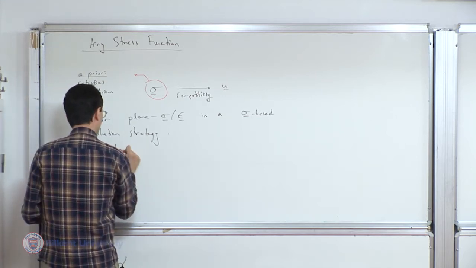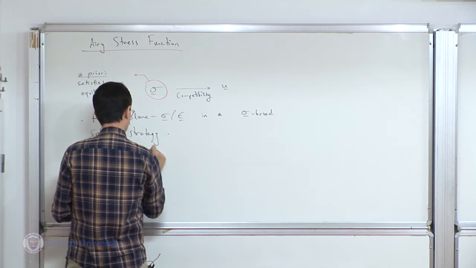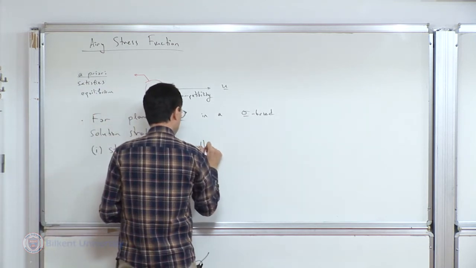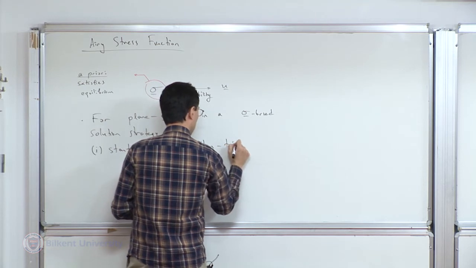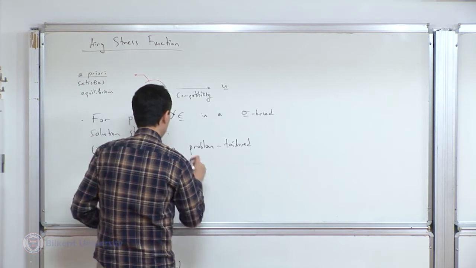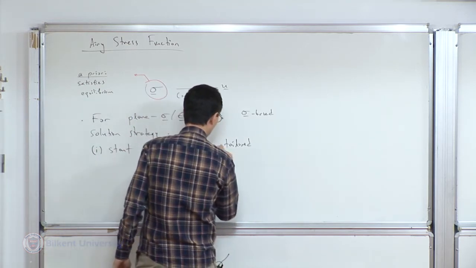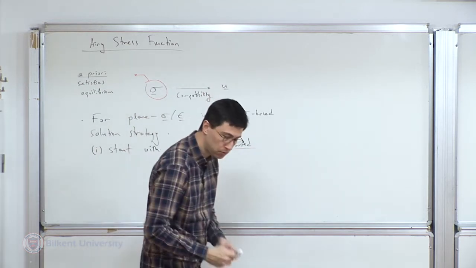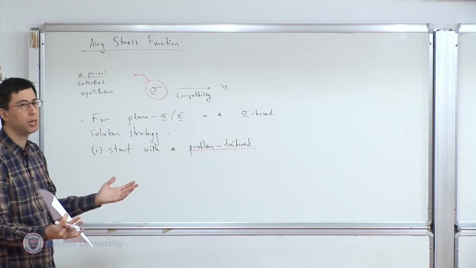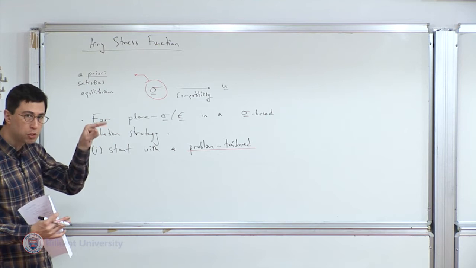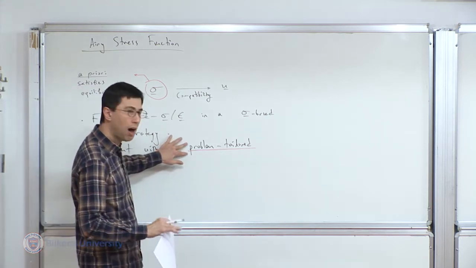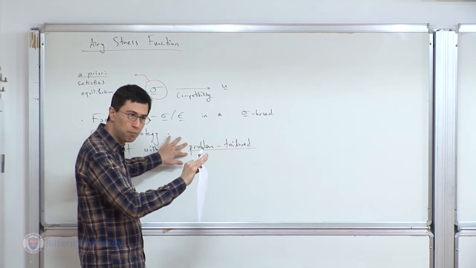So the first step is to start with a problem-tailored form. This is also important. Remember, when I was solving the thick-walled pressurized sphere or cylinder problem, I didn't start with the most general displacement field. I looked at the symmetry of the problem and simplified it to begin with. So my approach was problem-tailored.